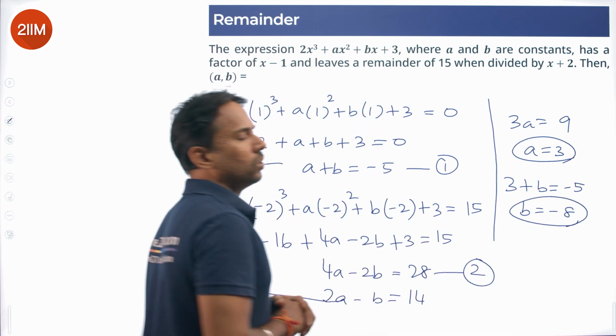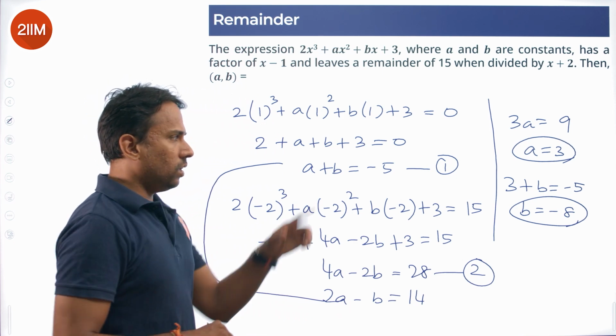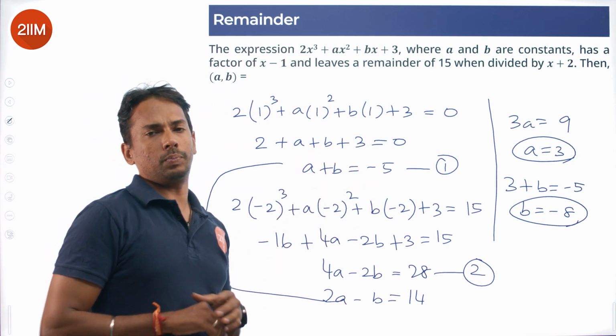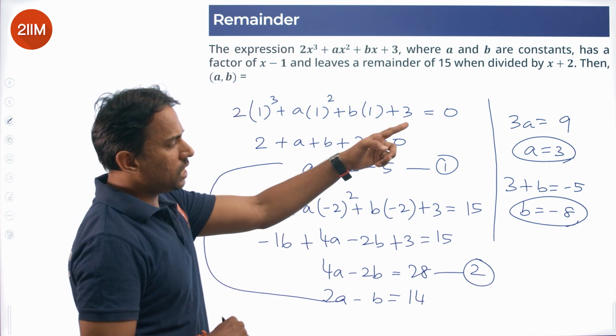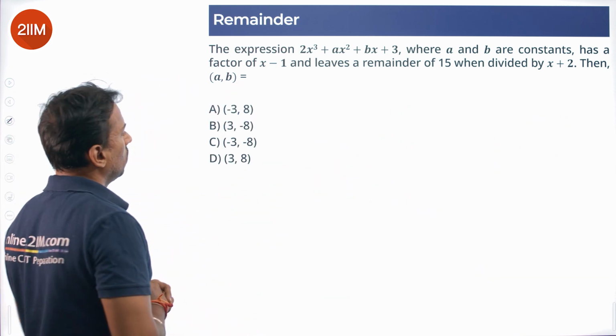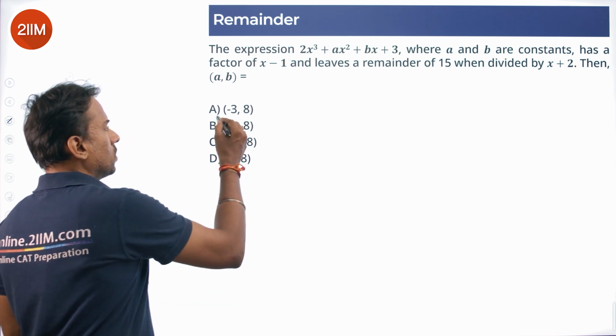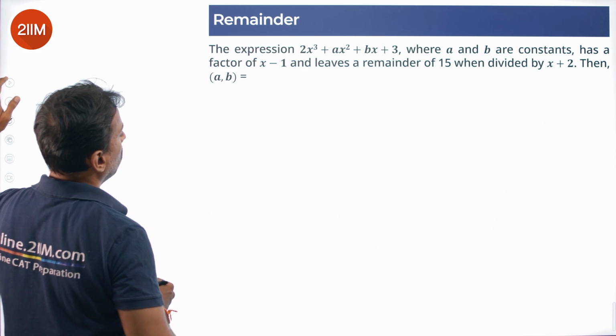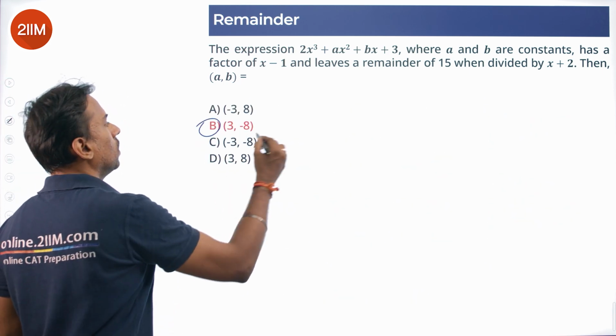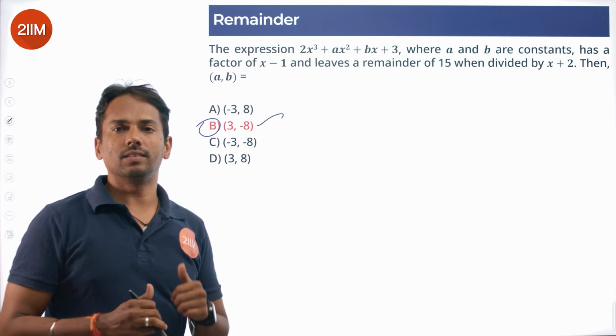Simple. So the values of A and B are 3 and minus 8 respectively. A comma B, that's the question, should be 3 comma minus 8. 3 comma minus 8 is option B. So option B is the right answer.